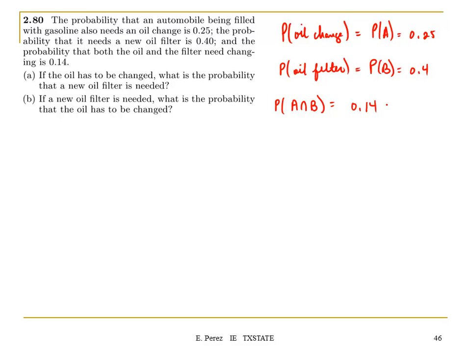What is the probability of a new oil filter is needed? Okay, so the first part is given. Now you need to find the probability of a new filter needed. I think I cannot make it more easy than that.